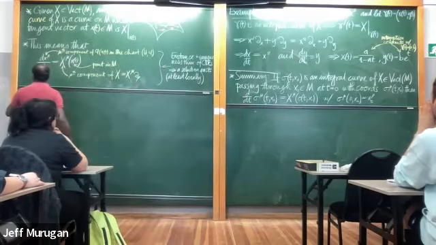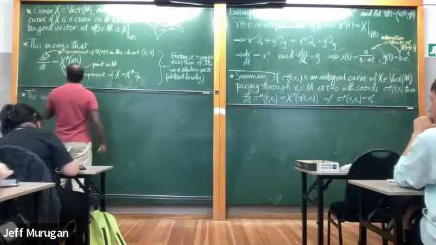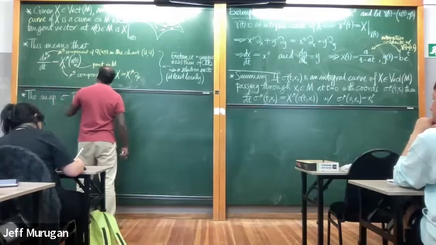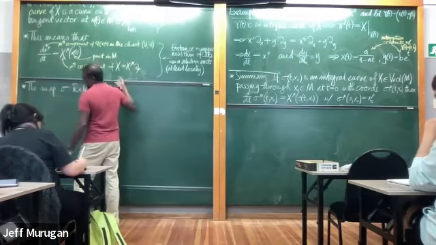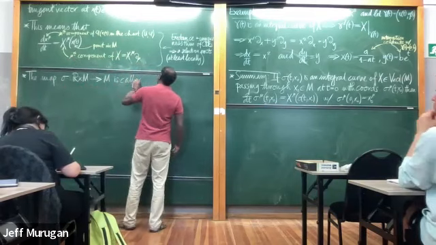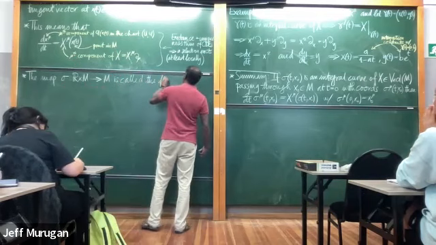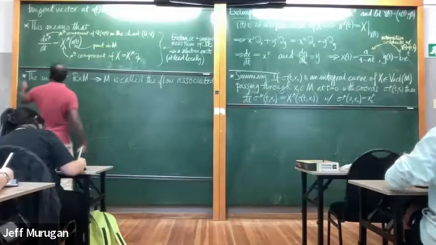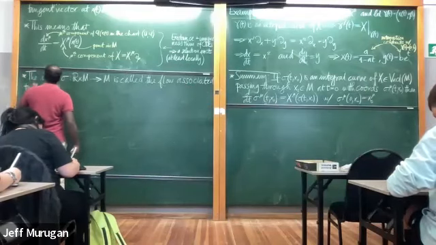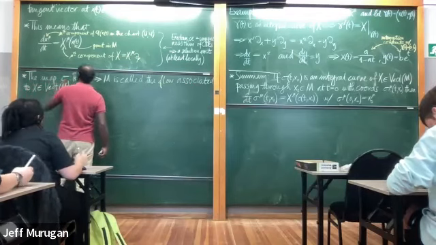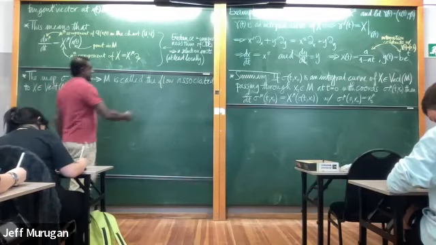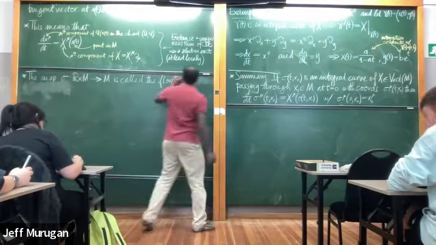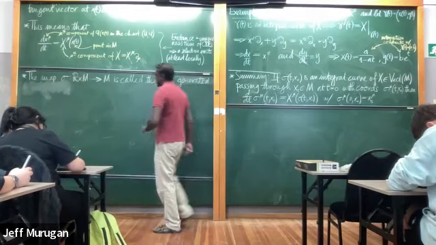So the map sigma taking R plus cross M to M is called the vector flow associated to the vector field X, or another way of putting it, the flow generated by X.